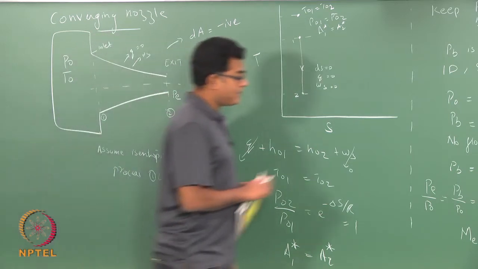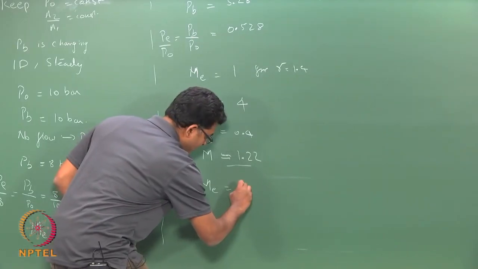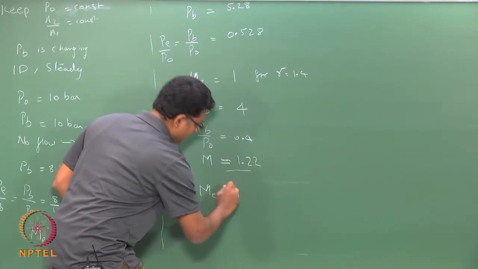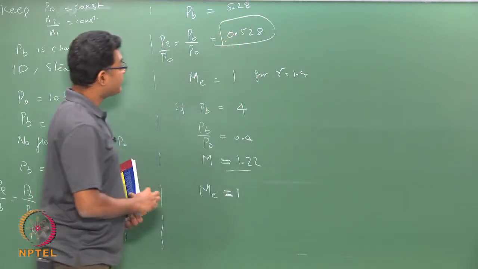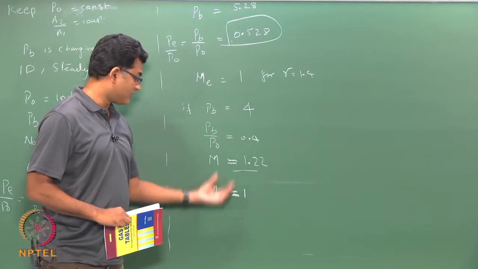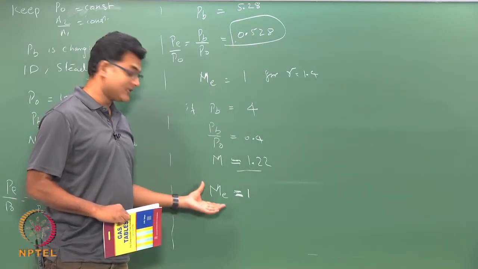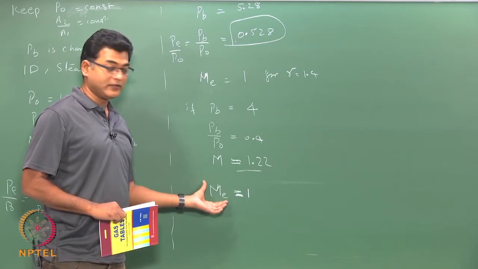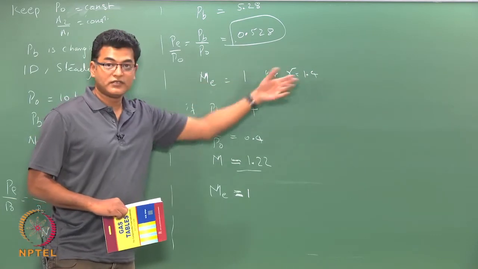So it so happens that your M at the exit would still be 1 after you have reached this pressure ratio. So whatever back pressure you decrease to after this pressure ratio, your exit Mach number is still going to be 1, and it does not depend further on your Mach number.